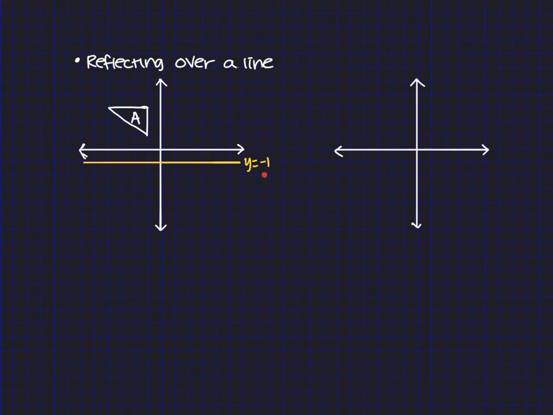So y is -1 for my line of reflection. So instead of looking at the x-axis, I am going to see this as my line of reflection and see how far each point is from this line.